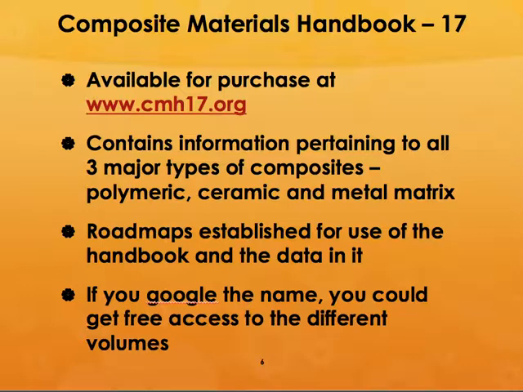And this contains the information pertaining to all three major types of composites: polymeric, ceramic, and metal matrix composites. And there are also roadmaps that have been established for the use of this handbook and how to use the data in it. So if you Google the name itself, you might be able to get free access to the different volumes.